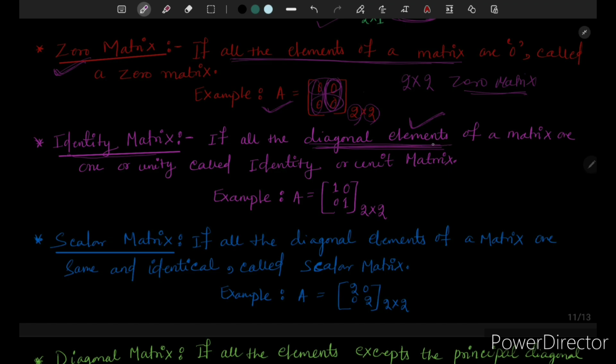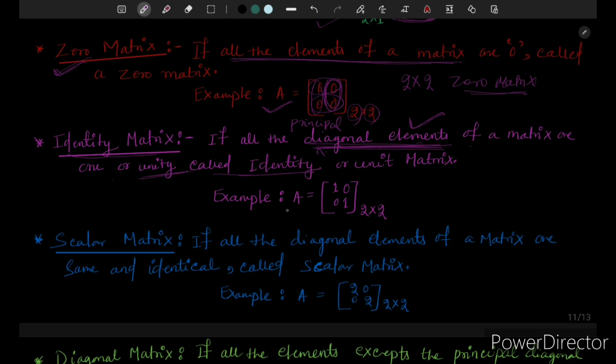If all the diagonal or principal diagonal elements of a matrix are one, or unity, then we can call it an identity matrix.